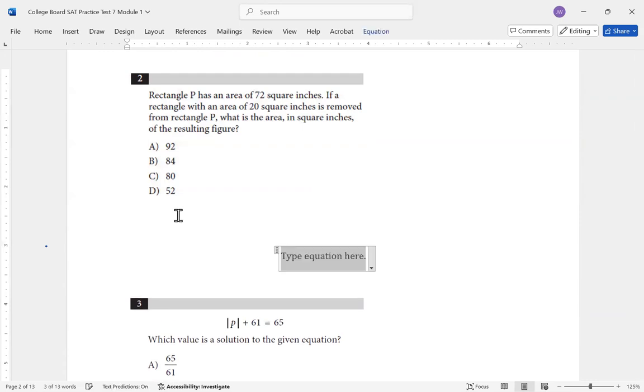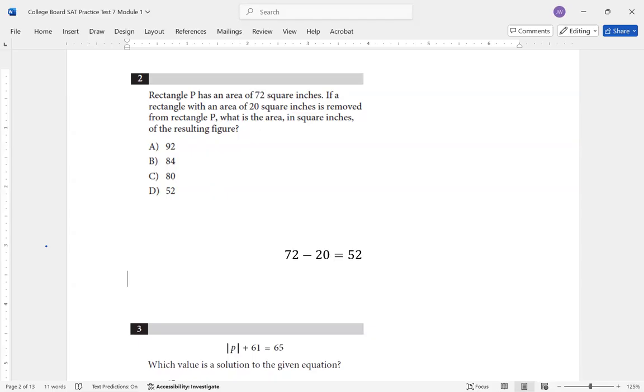Well, all we're going to do is take a rectangle with 72 square inches, remove another rectangle of 20 square inches from within that, and that'll give us an object which has 52 square inches. So 72 minus 20 is 52. So the answer is 52, or D. So D, 52, is the answer to question 2.